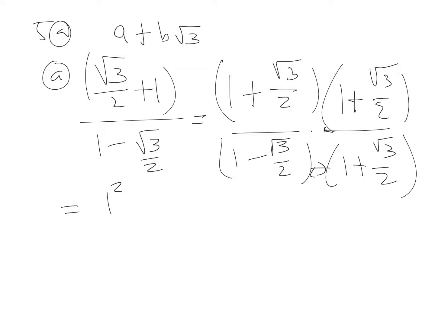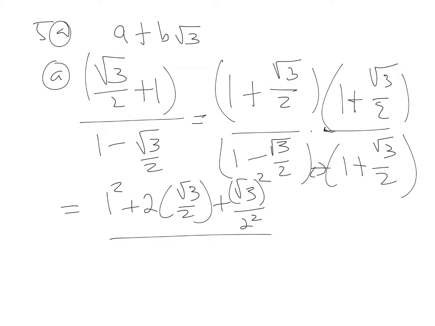And then we're going to have 2ab, so it will be plus 2. What is a? A is 1, and b is root 3 over 2. So 2 times root 3 over 2. No need to write in the 1. And then b squared will be root 3 over 2 times root 3 over 2, which will basically give us root 3 squared over 2 squared. So I'm just going to put it all out so that you could see it.